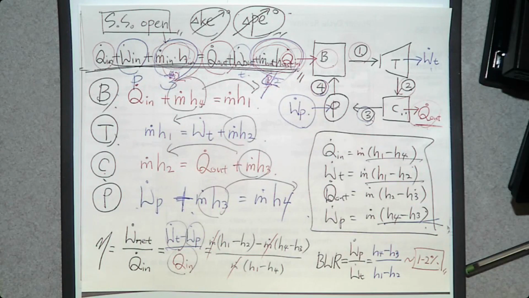But it behaves like water, but it has a higher maximum temperature. So if you use heavy water in a nuclear power plant, you can increase the temperature of the turbine inlet. Temperature goes up, so it will give you higher efficiency.